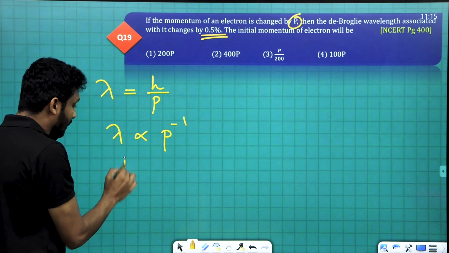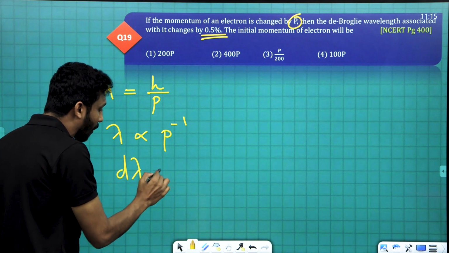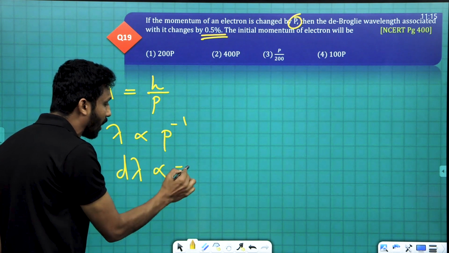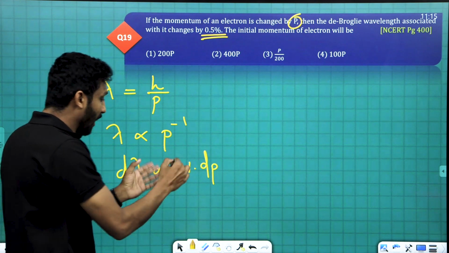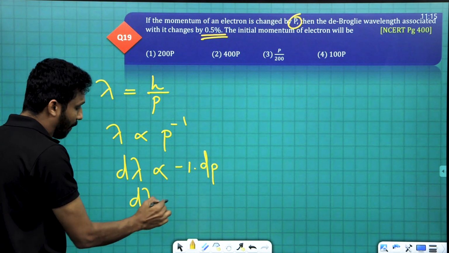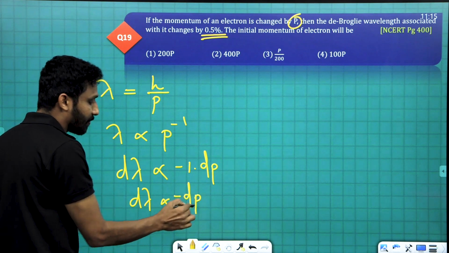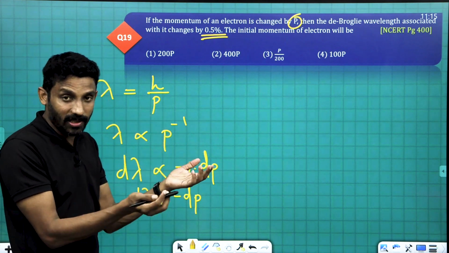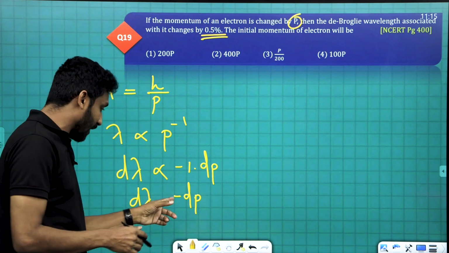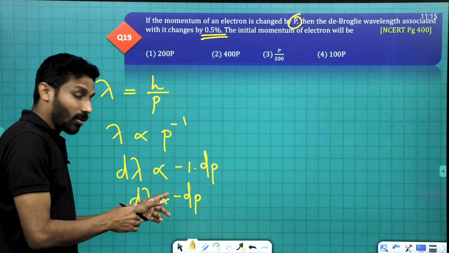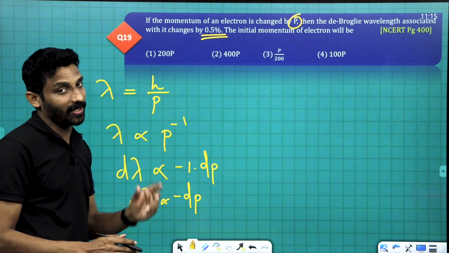Then the change d lambda is proportional to minus 1 into the change of momentum dp, that is, d lambda is proportional to minus dp. As momentum increases, wavelength decreases because they are inversely proportional. The negative sign indicates these two changes are in the opposite sense.